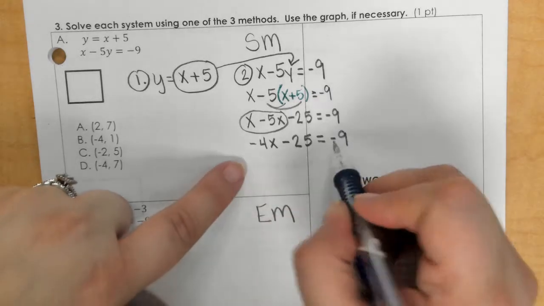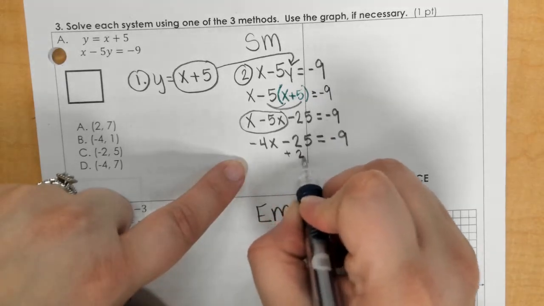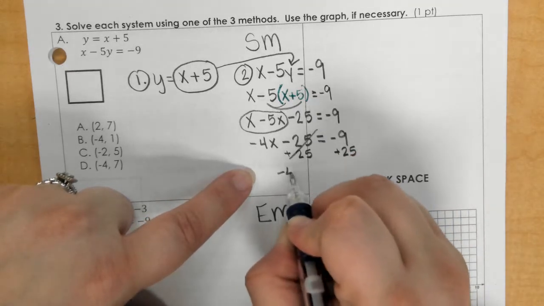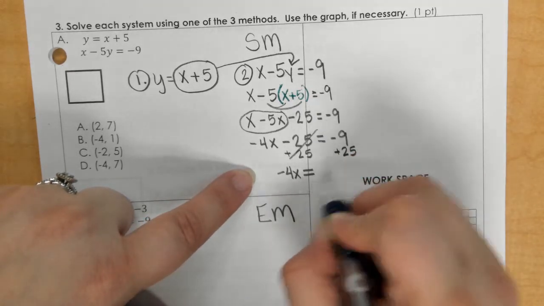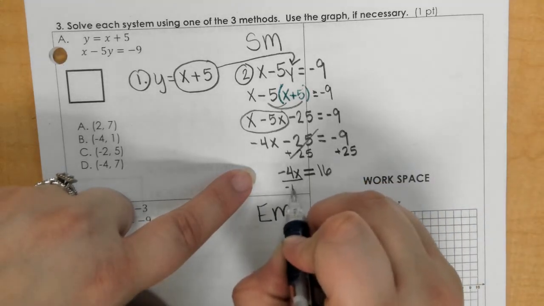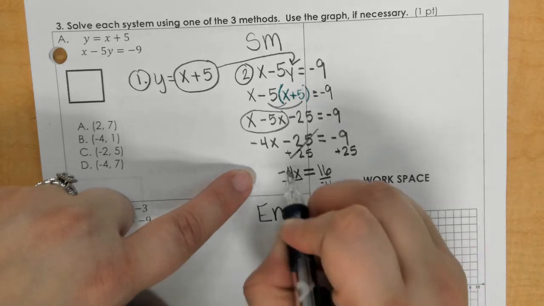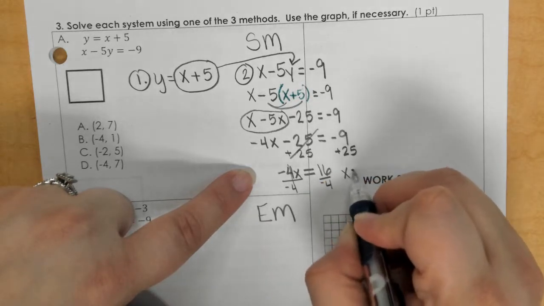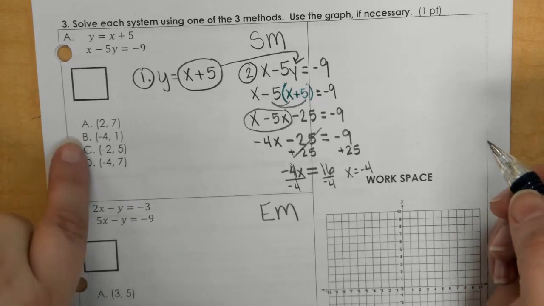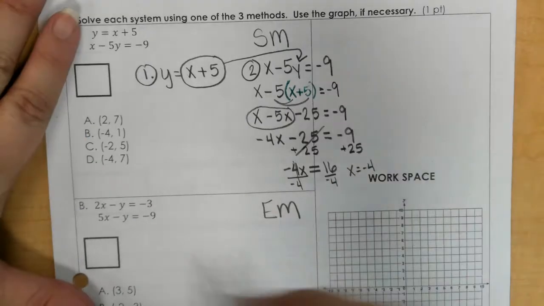So to solve the two-step, I would add 25. This gives me negative 4x equals 16. And then I can divide by negative 4, and that should give me negative 4. So I see that I can either have B or D as my solution.